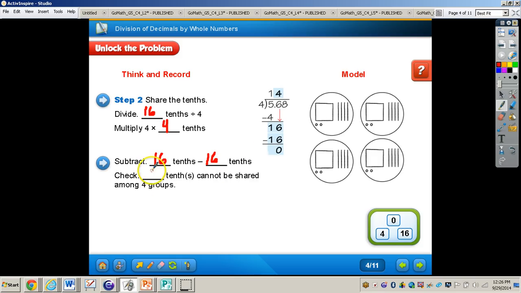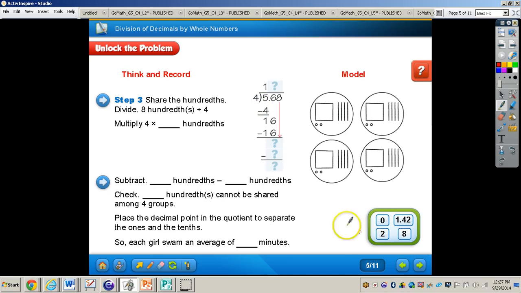Now we need to check 0 tenths cannot be shared among 4 groups. In other words, this number needs to be less than my divisor. Moving right along, after we've checked, what we need to do is bring down.